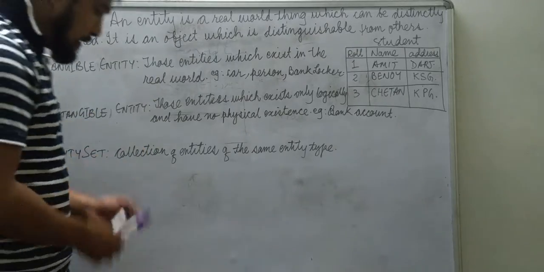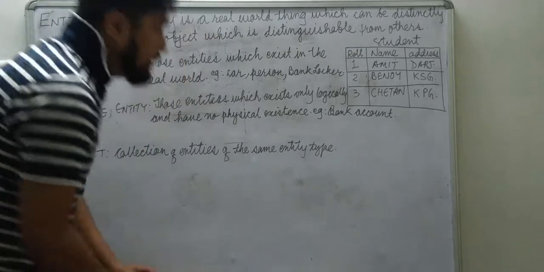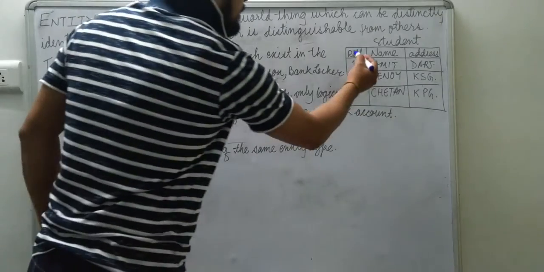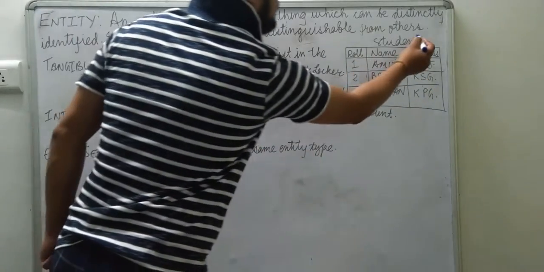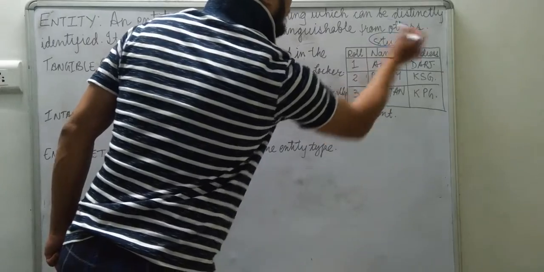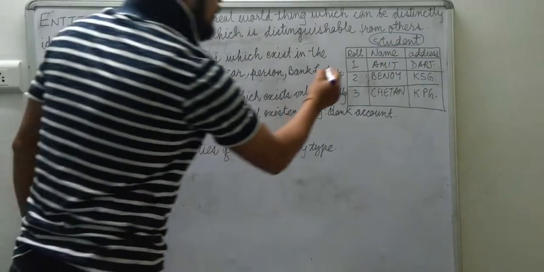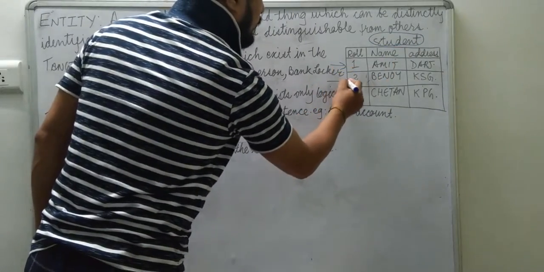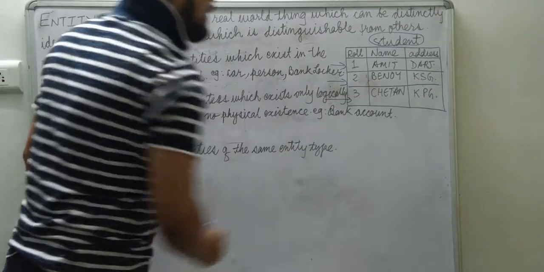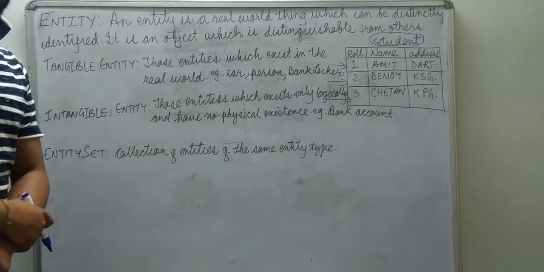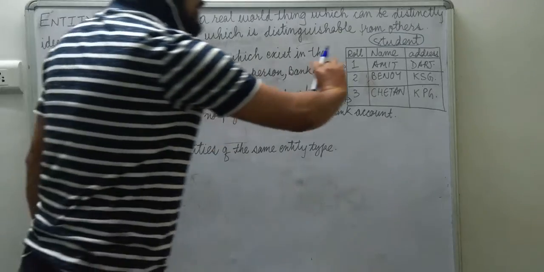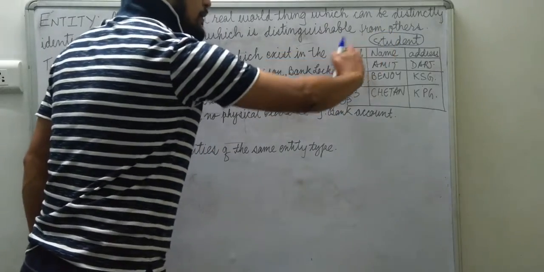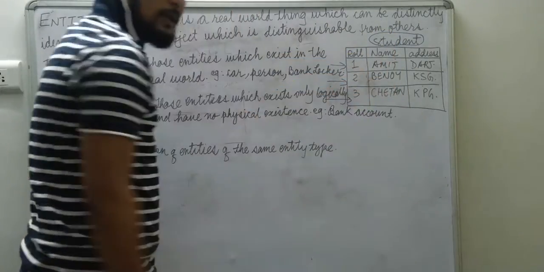Let's take another example in a table. This is a table called student. Each and every row of this table represents an entity.